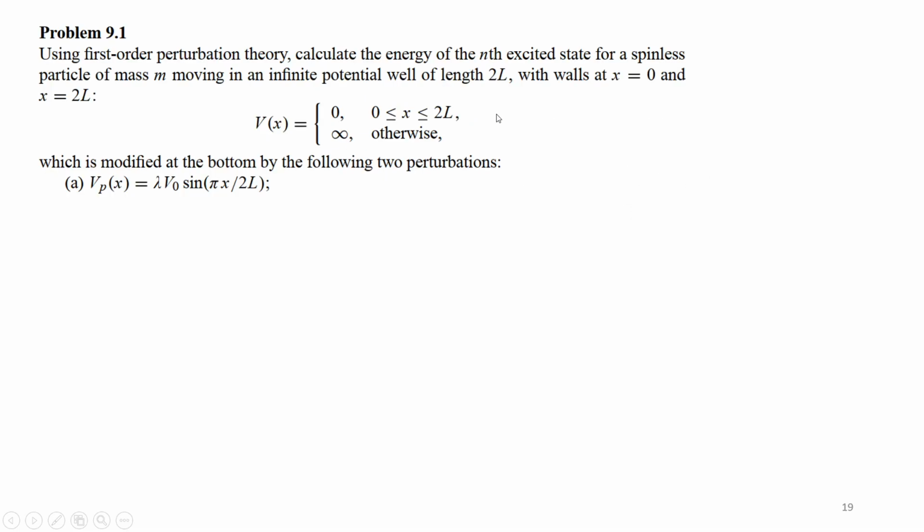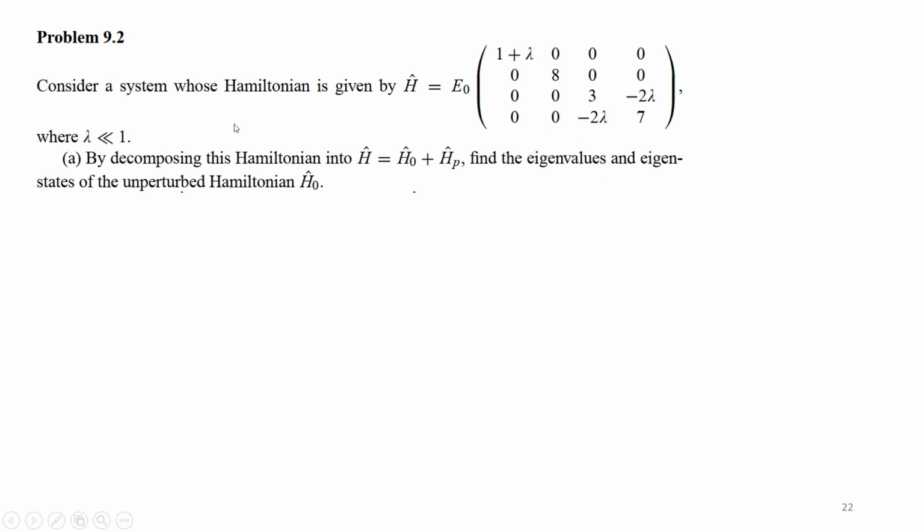Another similar problem, the perturbation is given, but now your wall length is different. And this is another kind of problem I found, some matrix kind of problem where your Hamiltonian is given in a matrix format, so you need to get the eigenvalues and eigenstates of the unperturbed Hamiltonian.